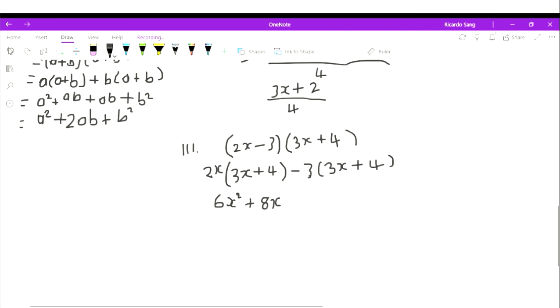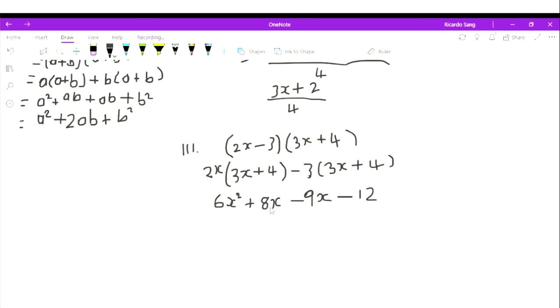I remove that bracket. Negative 3 times 3, that's negative 9, and that's 9x. 3 4s are 12, so negative times a positive gives a negative 12.